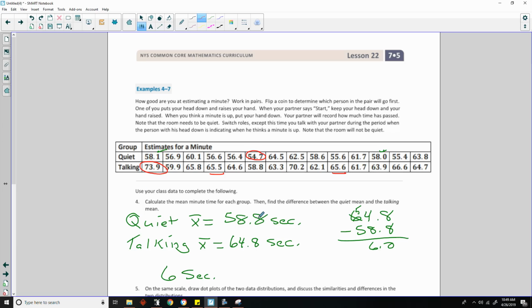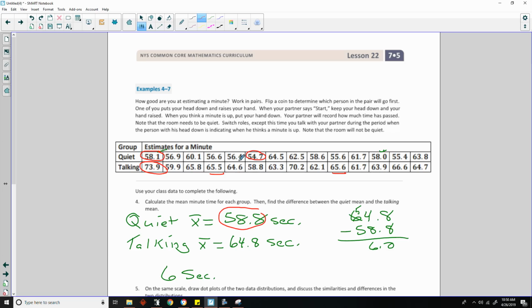If the mean is 58.8 seconds and the first value is 58.1, that's a deviation of 0.7. Then 56.9 to 58.8 is 1.2. You'd find all those deviations and find their average.